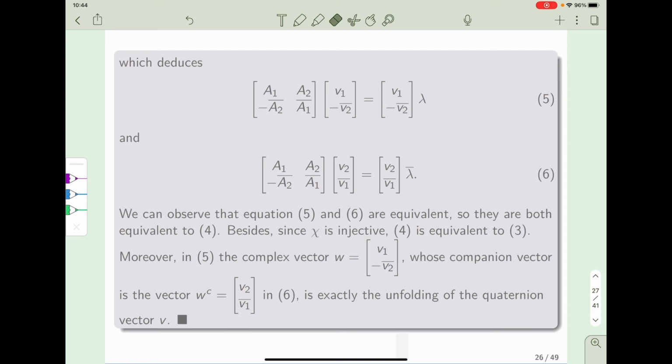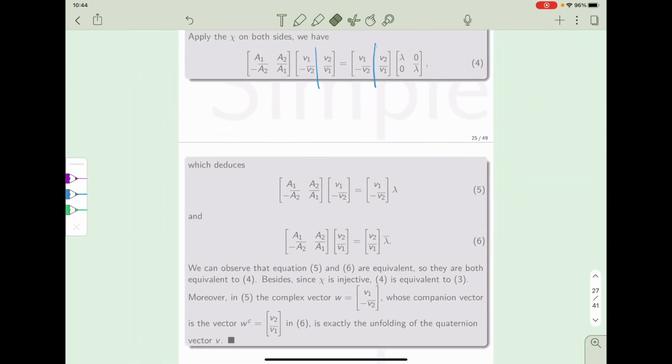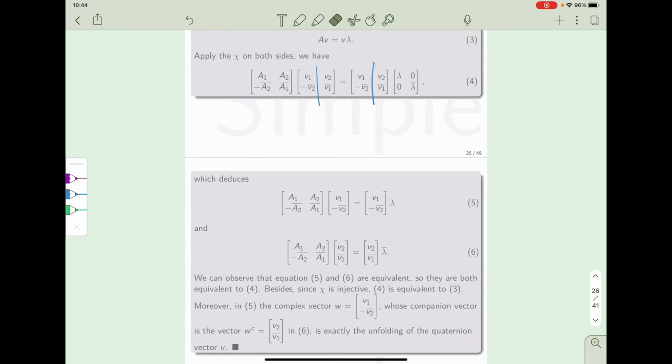And since chi is injective, we can see that 3, 4, 5, and 6 are all equivalent. So we see that A and chi of A have the same complex eigenvalues. And from 5 and 6, we can also see that two complex eigenvectors of chi of A associated with the conjugate pair of eigenvalues respectively are companion to each other.